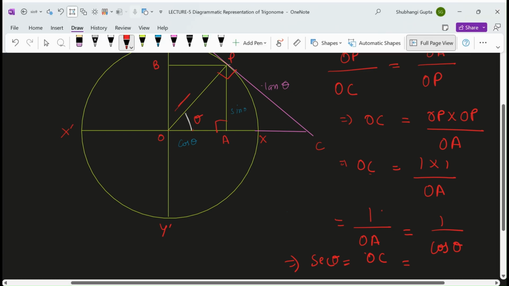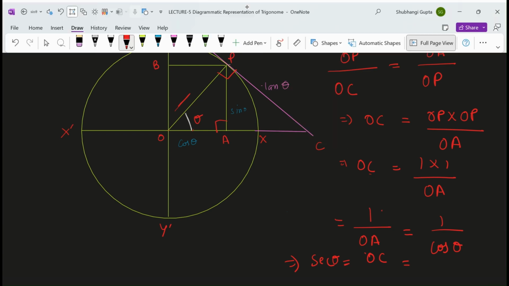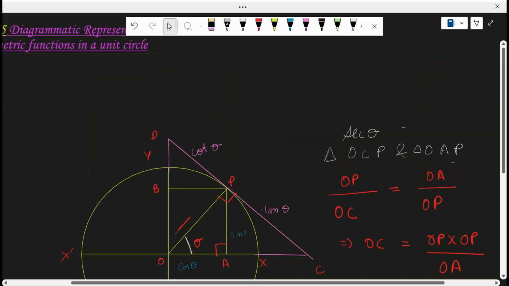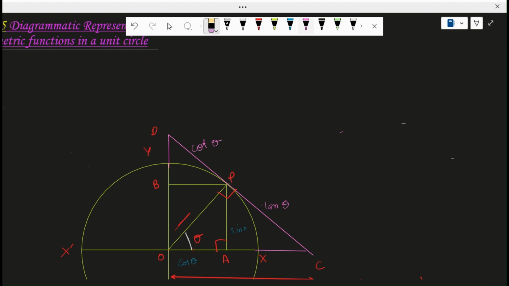We can write this particular length OC as secant theta. Let us now calculate cosecant in a similar way.